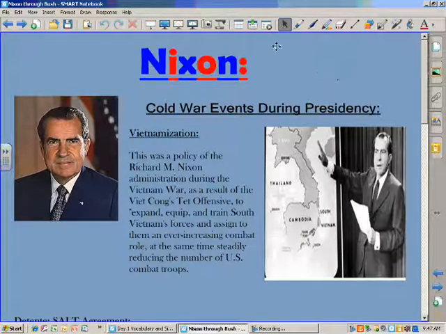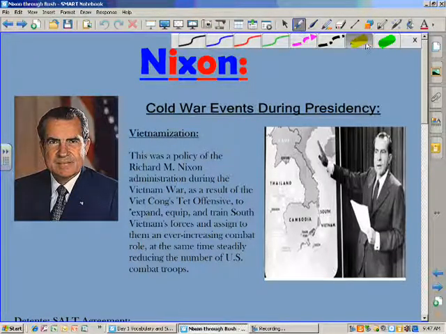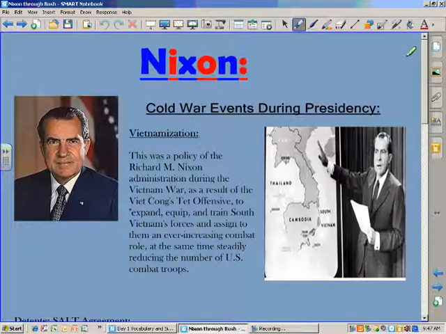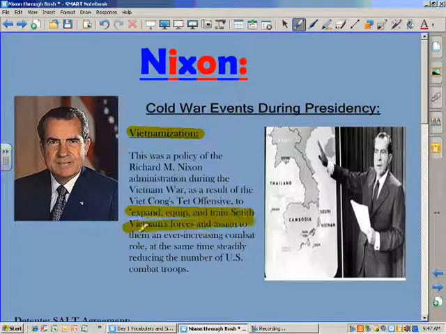So during his presidency, the Cold War took a turn. We were still involved in Vietnam, and he started this policy of Vietnamization. This was a policy that his administration created during the Vietnam War as a result of the Viet Cong's Tet Offensive to expand, equip, and train South Vietnam's forces and assign to them an ever-increasing combat role, at the same time steadily reducing the number of United States troops in combat.